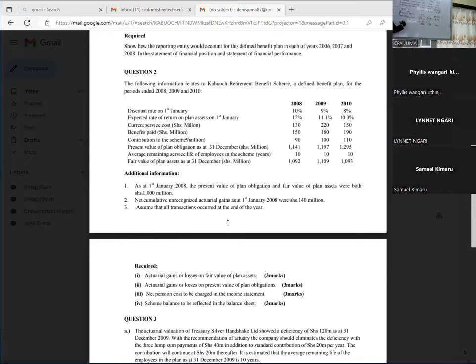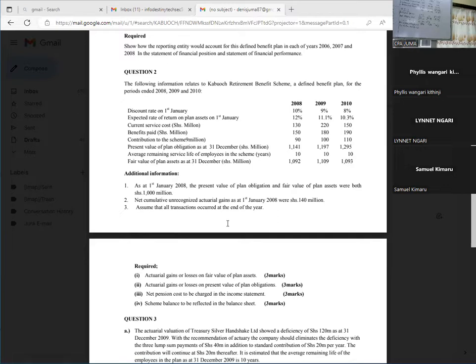So fair value, no, what is the present value? Present value of plan obligation. Give me those closing figures. Pick the closing figures.